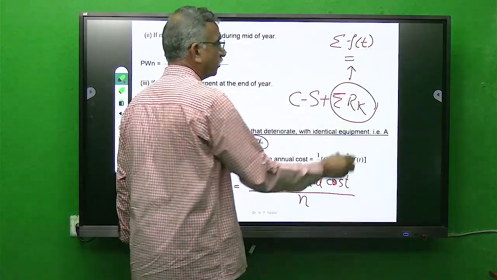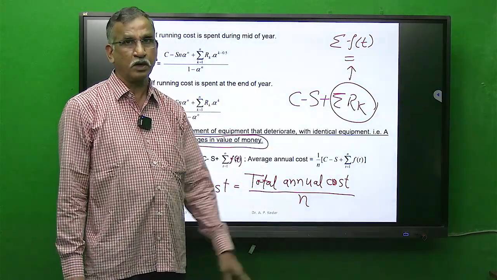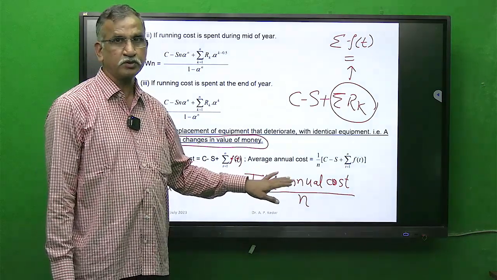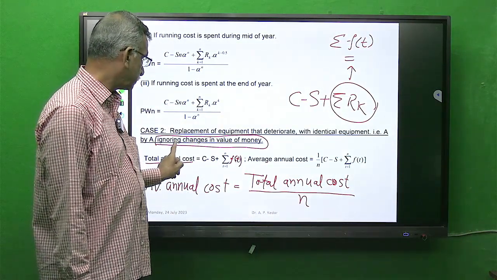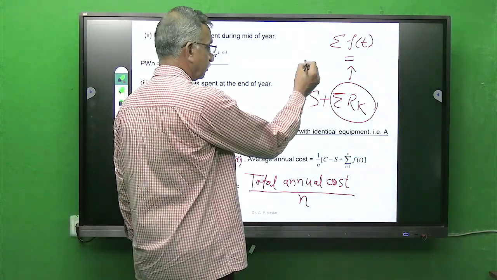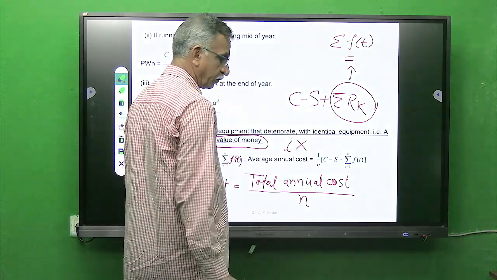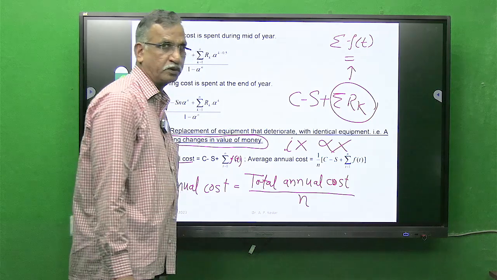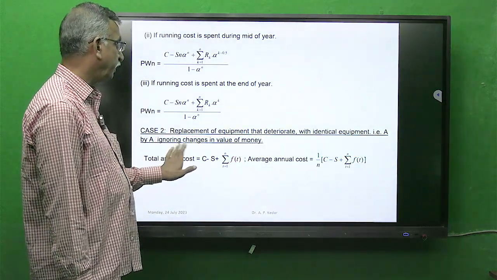Some authors follow the nomenclature of summation ft, some use rk. Things are same, but the difference you can note here is, since it is by ignoring changes in the value of money, variable i is absent, and since i is absent, alpha is also absent. So now let's move to the problem.